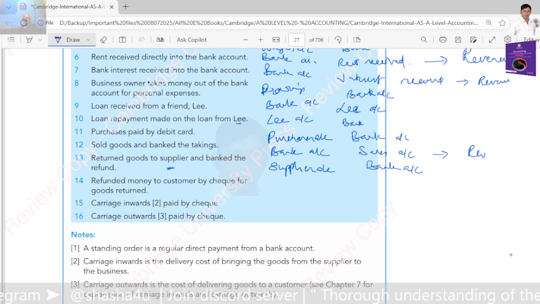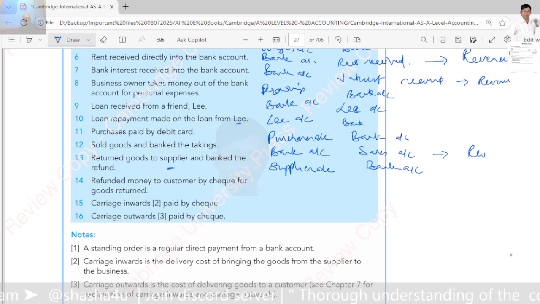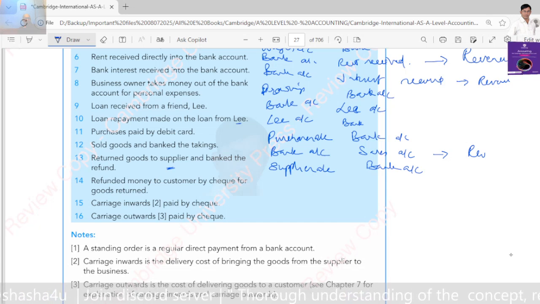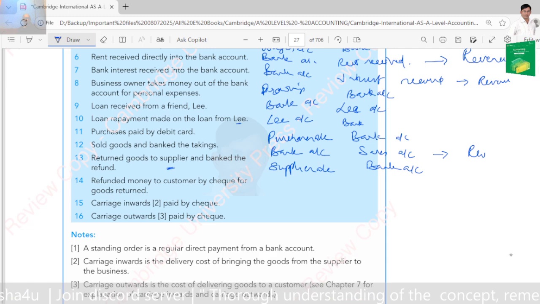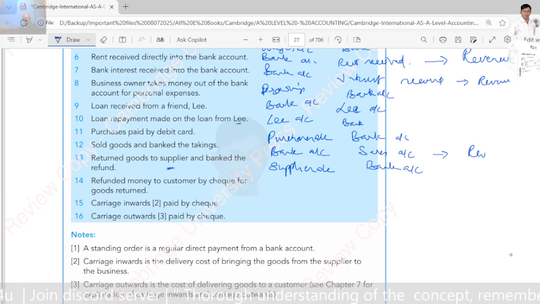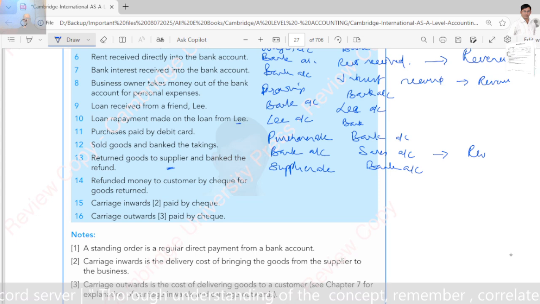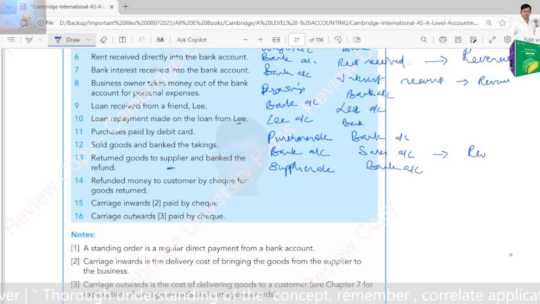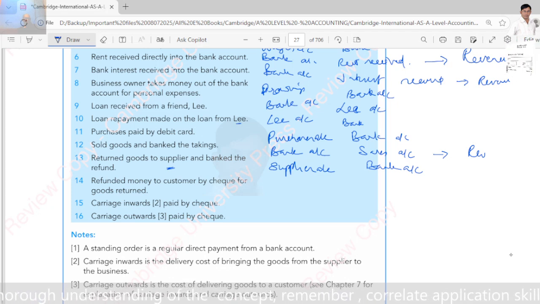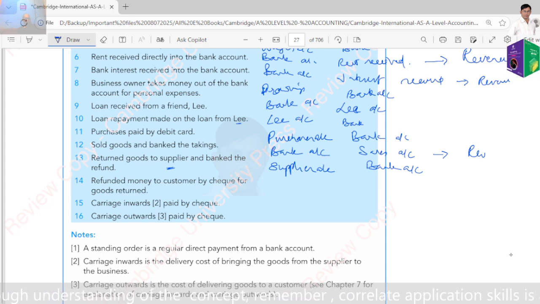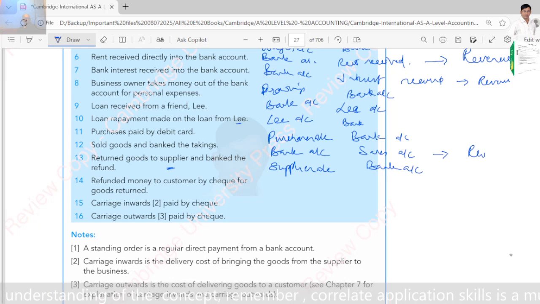Return goods to supplier means you are giving away the goods to supplier. You have purchased the goods and you are giving it away. And bank the refund: you are receiving the refund.